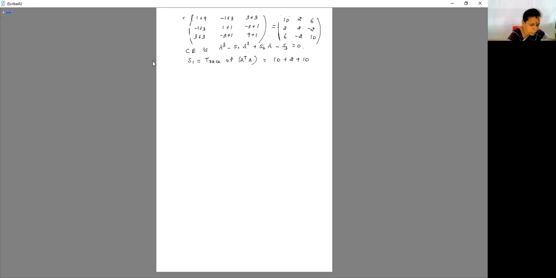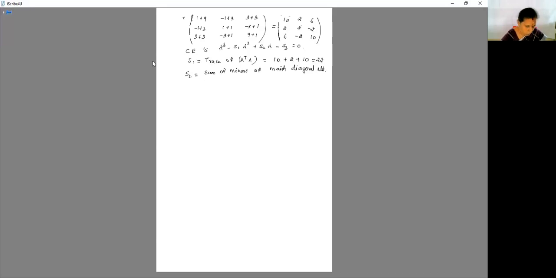All these are diagonal elements, so the addition of these will be 22. And S2 equals the sum of the minors of the main diagonal elements. For the main diagonal elements, we have to find the minors and take the total.